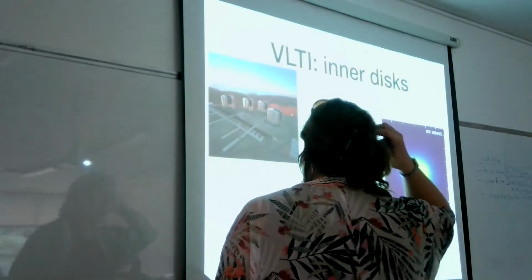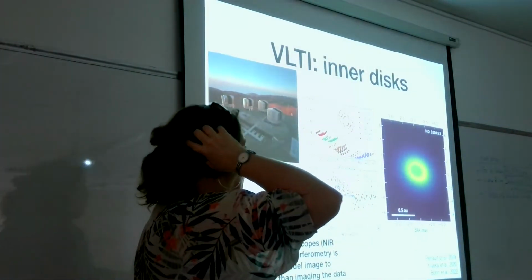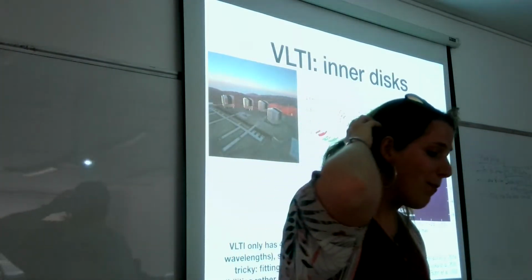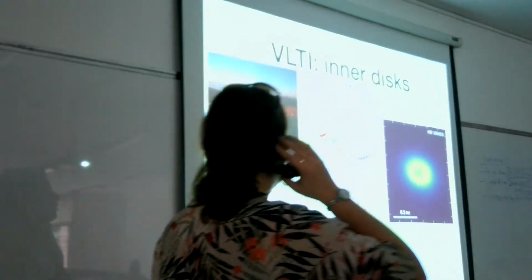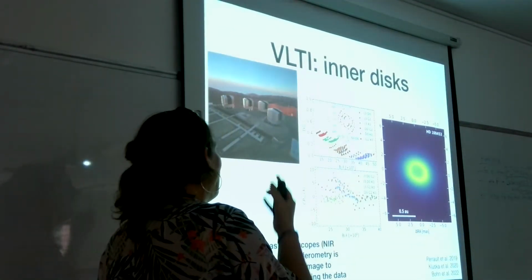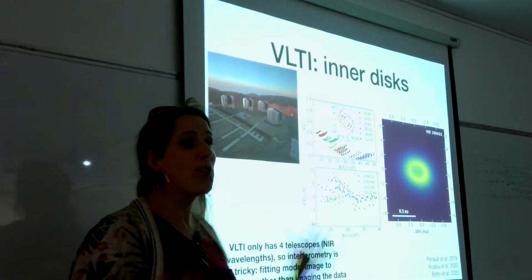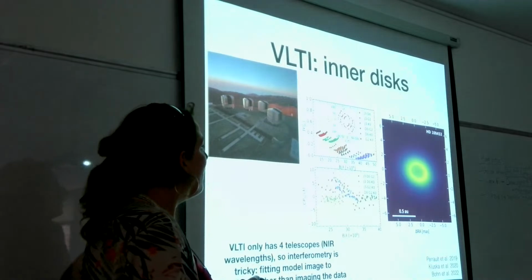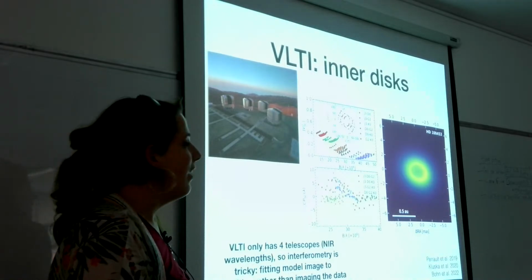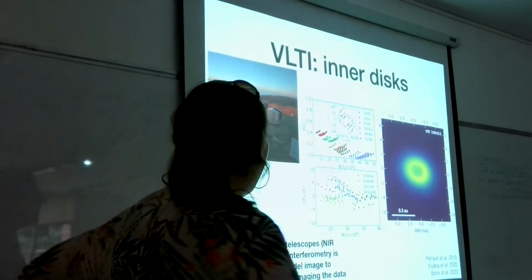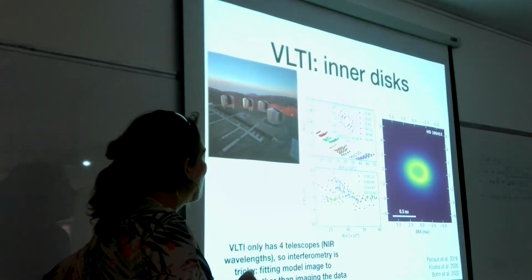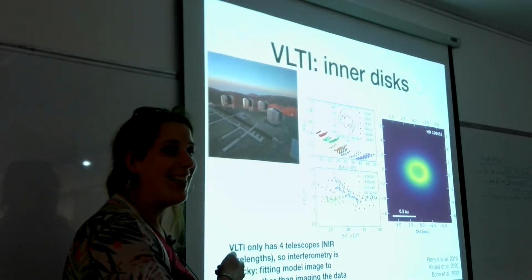Then, other than scattered light, there's another way to measure misalignment, and that is by measuring the orientation of these inner disks directly. And we can do this with VLTI observations. So this is optical interferometry, or near-infrared interferometry, I should say. Gero knows much more about that. So with these kind of observations, these are visibilities.